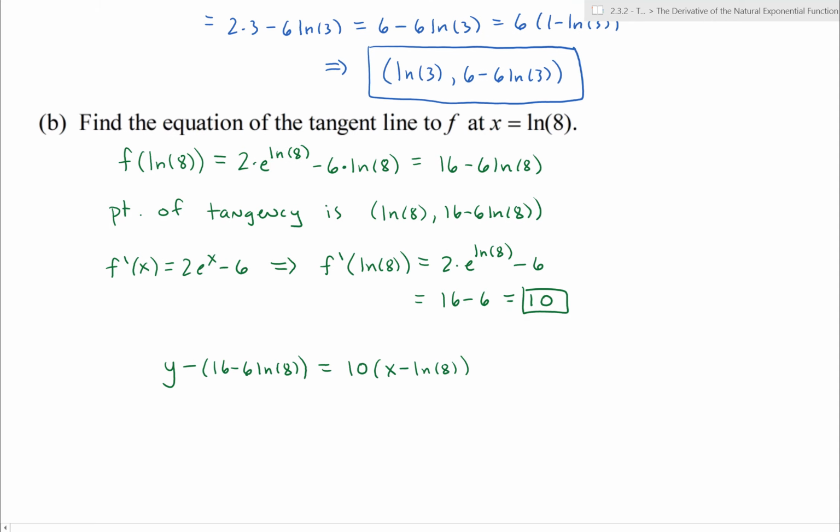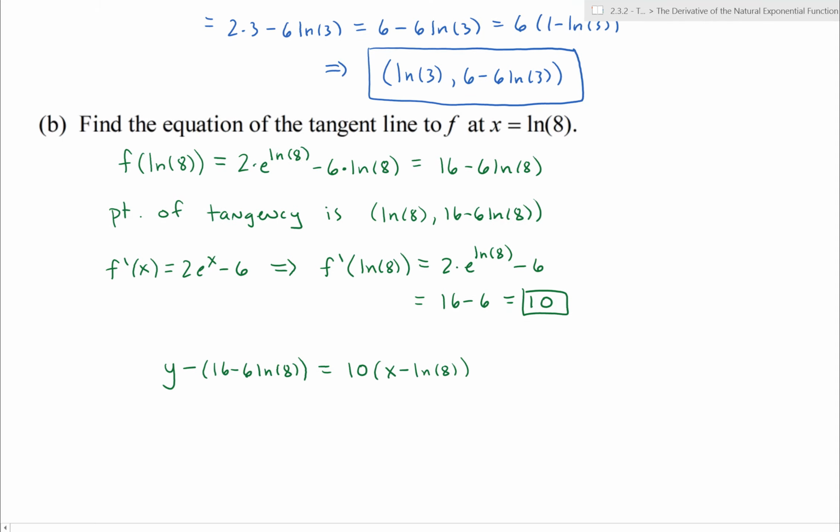So I guess we could choose to leave it in point slope form, but why not just isolate the y as one last step by adding this quantity to both sides? And we're going to get that y is equal to, add that to both sides, a 16 minus a 6 natural log of 8 plus a 10x minus a 10 times the natural log of 8.